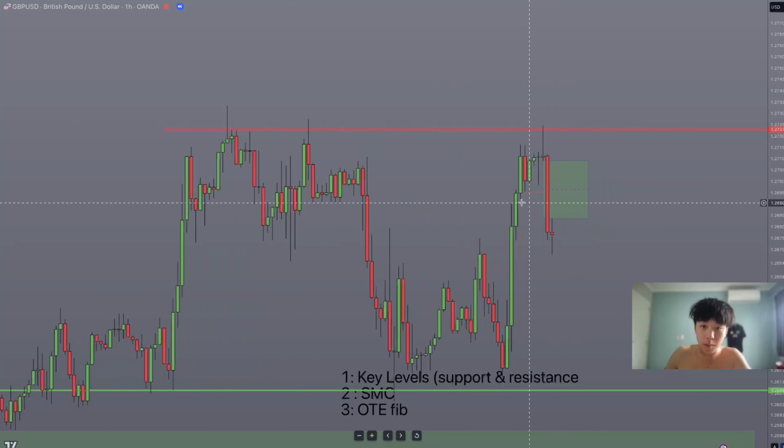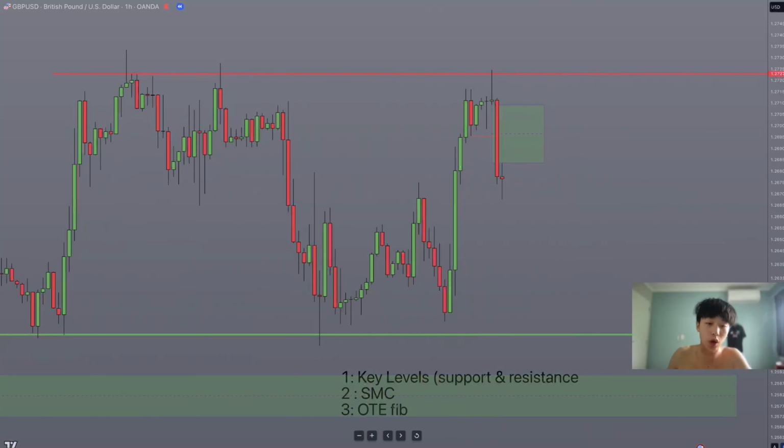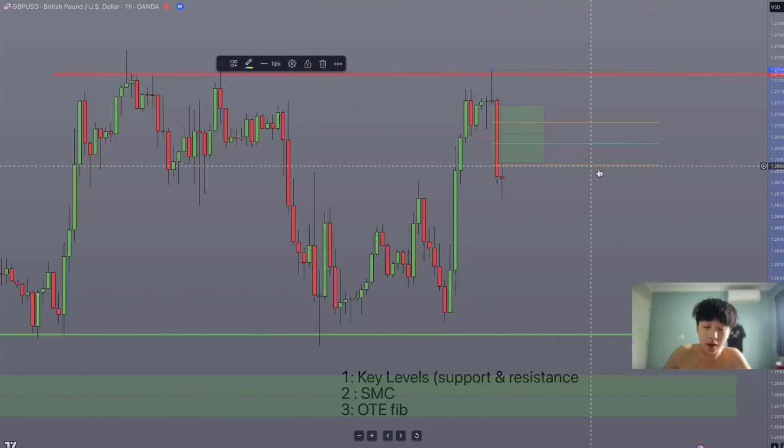We clearly have bearish confluences that we're going to the downside because we have a 1 hour break and a 1 hour fair value gap. What can finalize this? An optimal trading entry. So you can either draw it from this swing low. Oh, that's an EQ. You can either draw it from this swing high down to this swing low, or you can draw it from that swing low to that swing high.